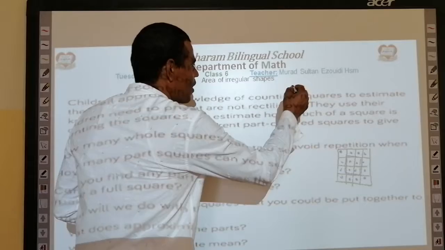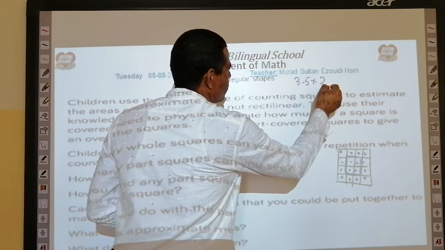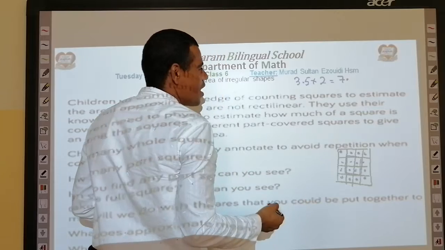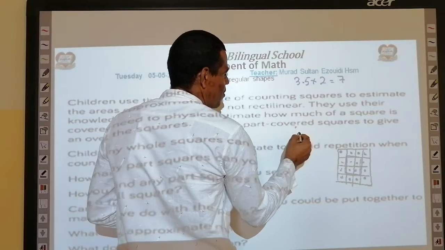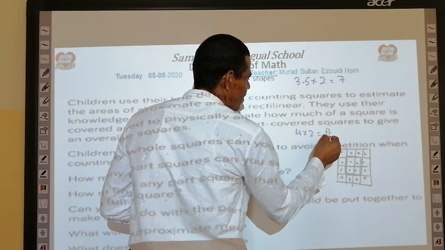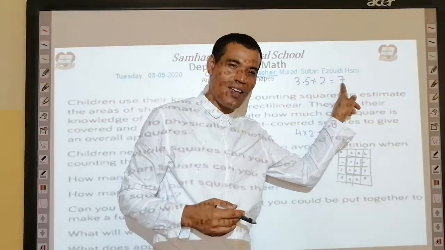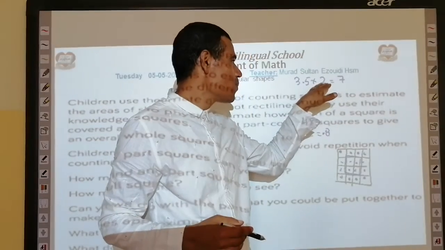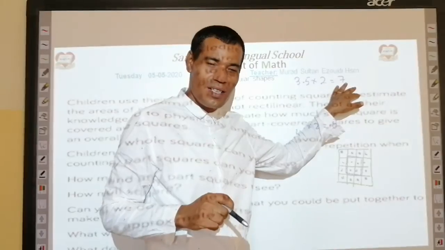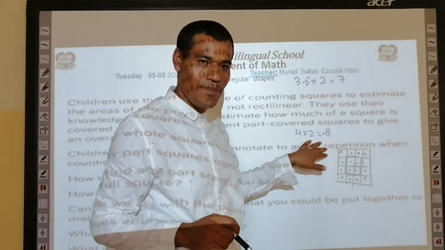For example, 3.5 multiplied by 2 is 7. And if you like to estimate this, you will say that 4 multiplied by 2 is 8. So 8 is near to the exact value. 3.5 by 2 is the exact value, the correct answer, but this one is by estimation.